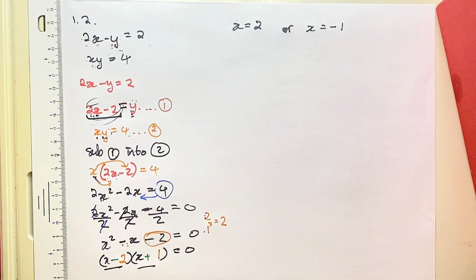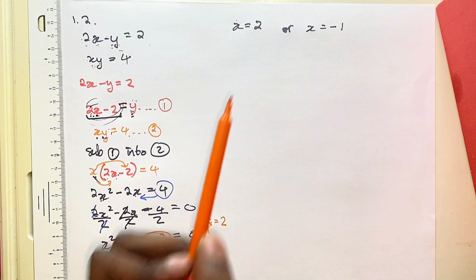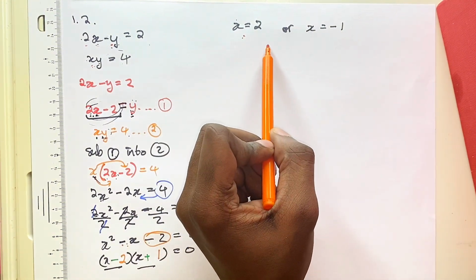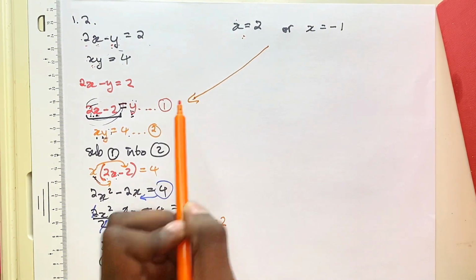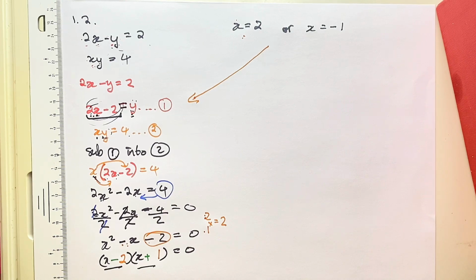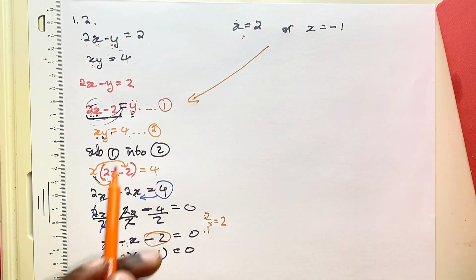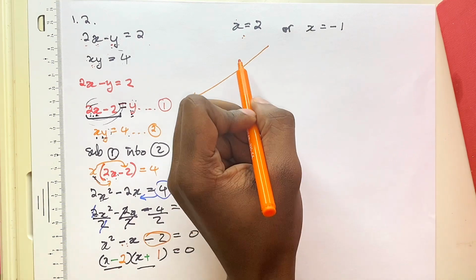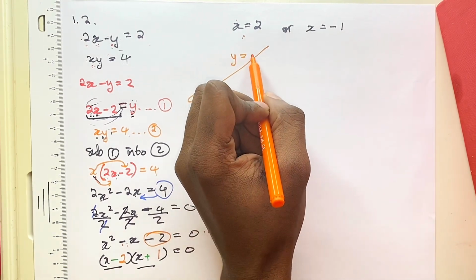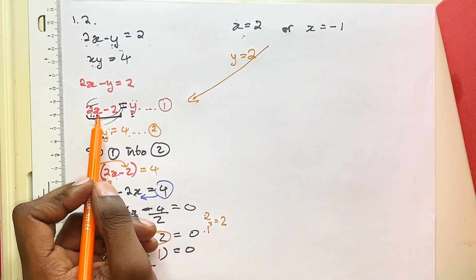But 1.2 says solve for x and y. Now that we have x, we can take those values of x and substitute them into equation 1 so that we can find the values of y. So we have y equal to 2x minus 2.